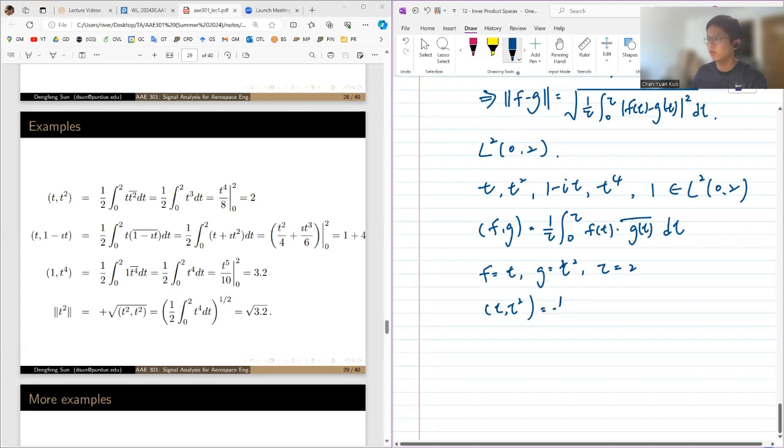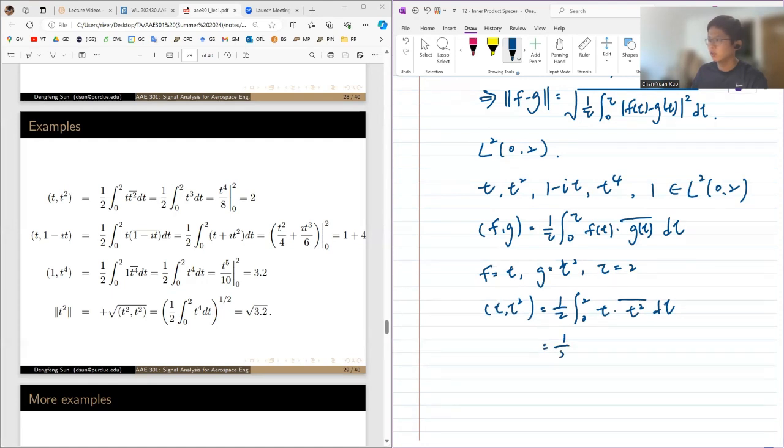We will have 1 over 2, the integral from 0 to 2 of t times the complex conjugate of t squared dt. Because t squared is a real number, the complex conjugate of a real number is the real number itself. So here we're left with t squared times dt.